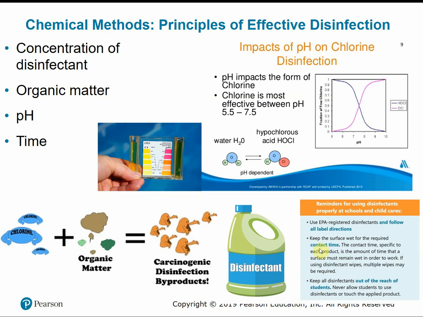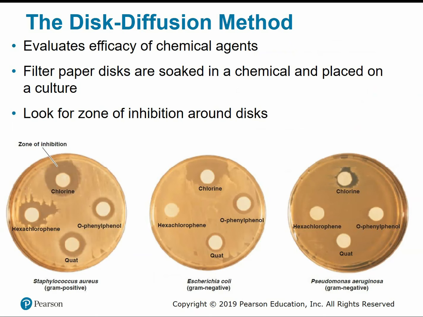The Disk-Diffusion Method evaluates the efficacy of different chemical agents. So your filter paper would be soaked in different chemicals, or we could also do this with antibiotics. And we're just going to look for that zone of inhibition, or that clearing around the discs.